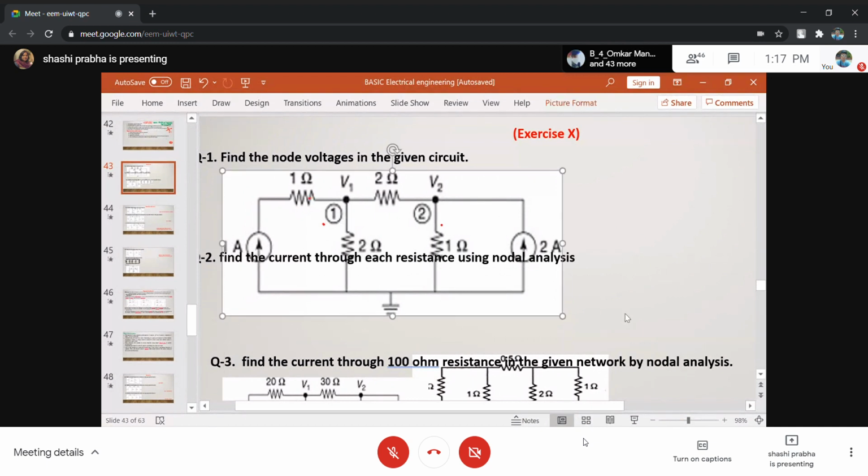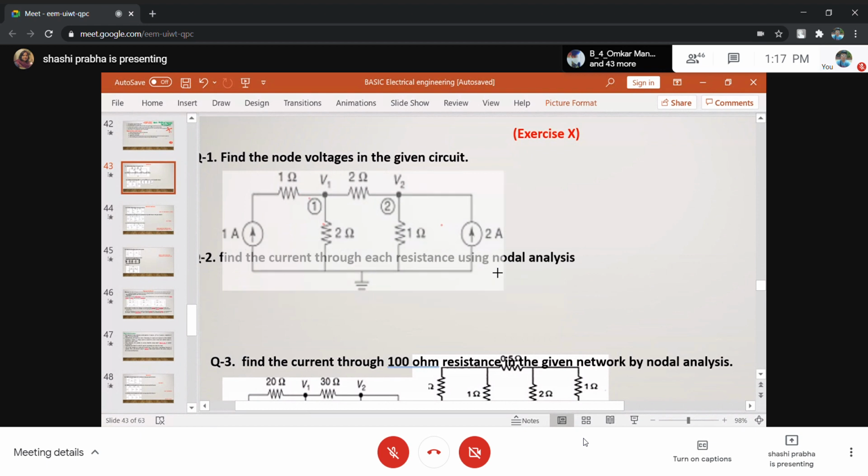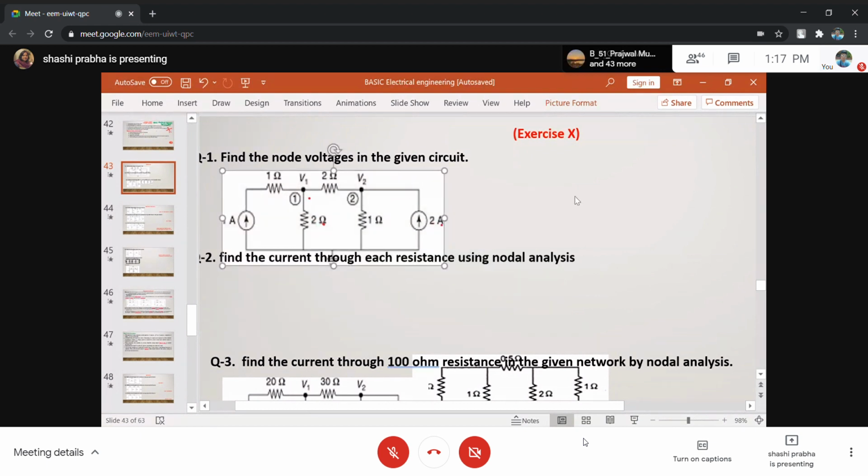If you have this diagram, you will find in this diagram, this is taken as one node, this is taken as another node, and nothing is connected here. So this we have taken as a reference node. While solving such type of numerical, first you draw this diagram in your notebook.